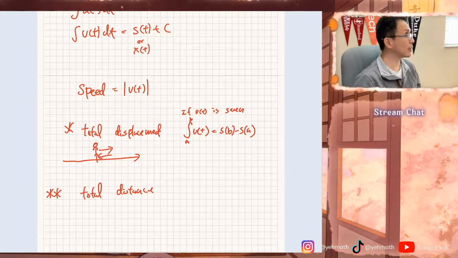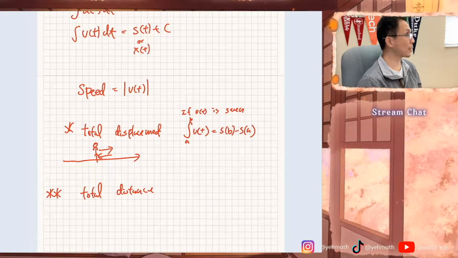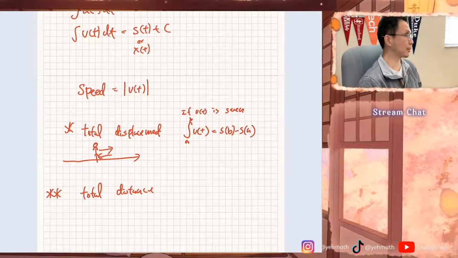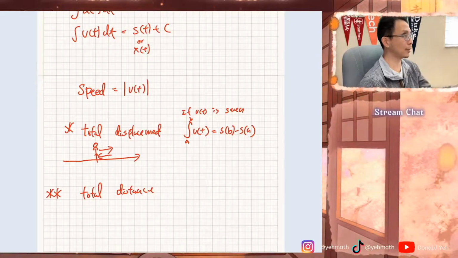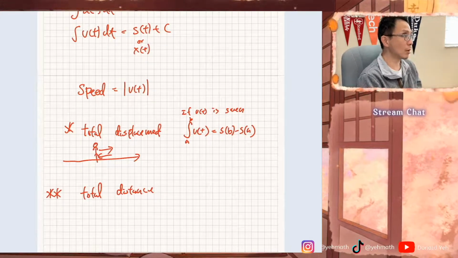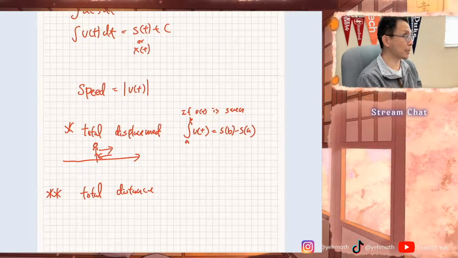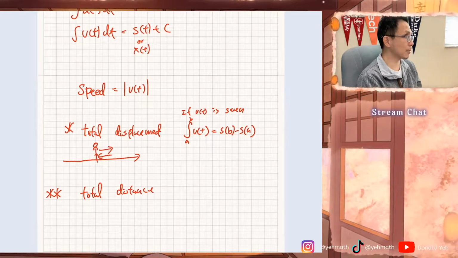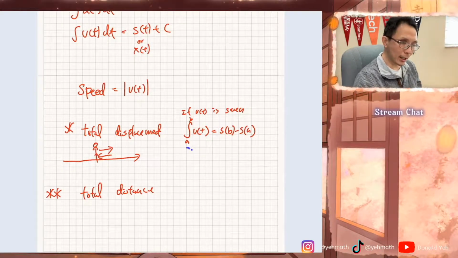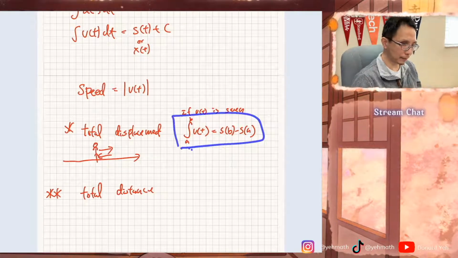In 2 seconds, what's my total displacement? 0, because I'm going around in circles. If I'm going around a circle, there's no displacement at all. But if I ask you total distance, what's my total distance? 2. So we can bring integration into this, right?